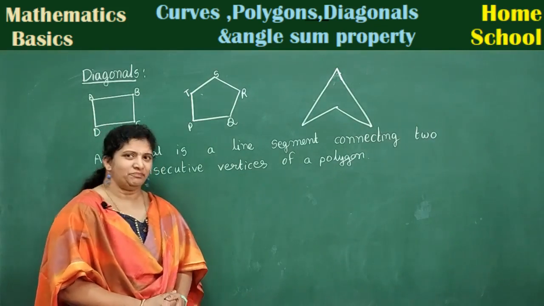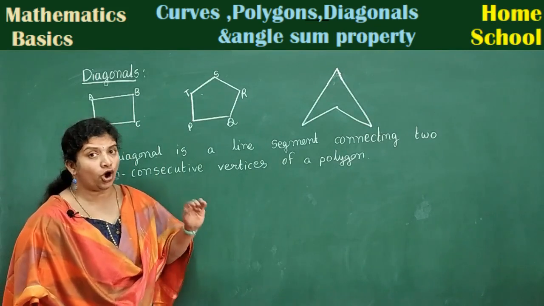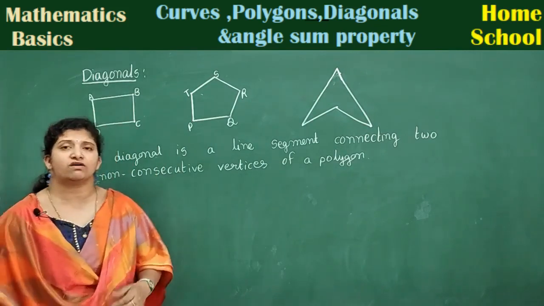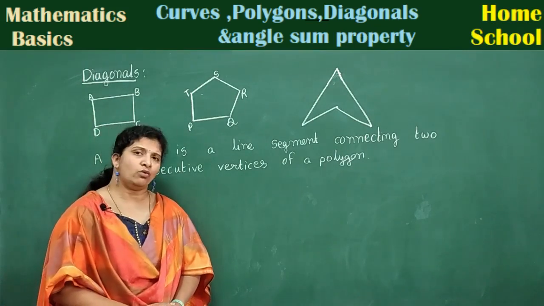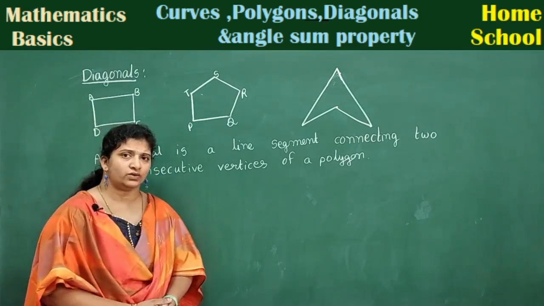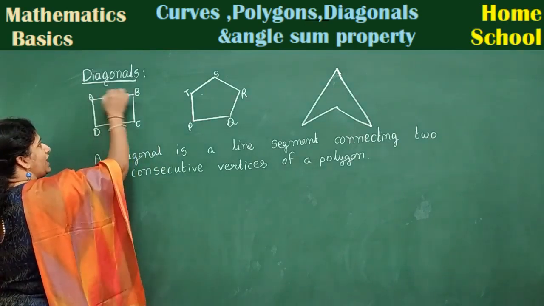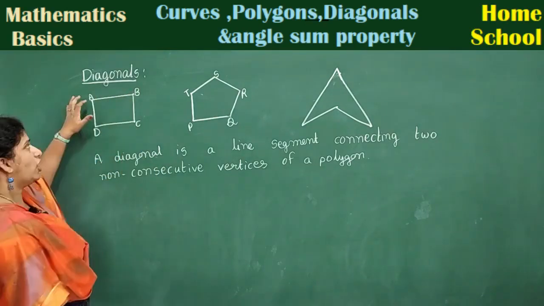What is a diagonal? A diagonal is a line segment connecting two non-consecutive vertices of a polygon. We know vertices, but what are the words consecutive and non-consecutive? Look here. Suppose I take A, for A, B is consecutive.